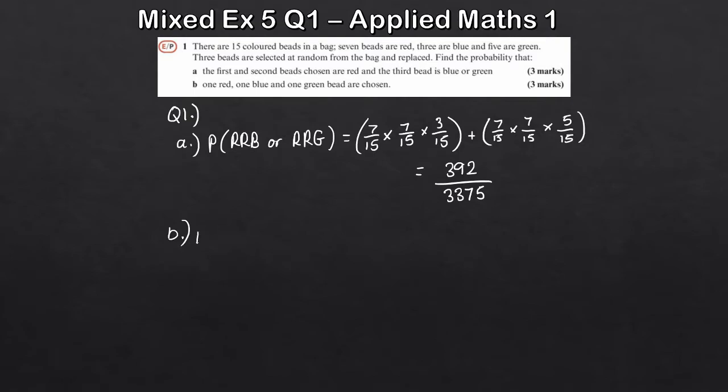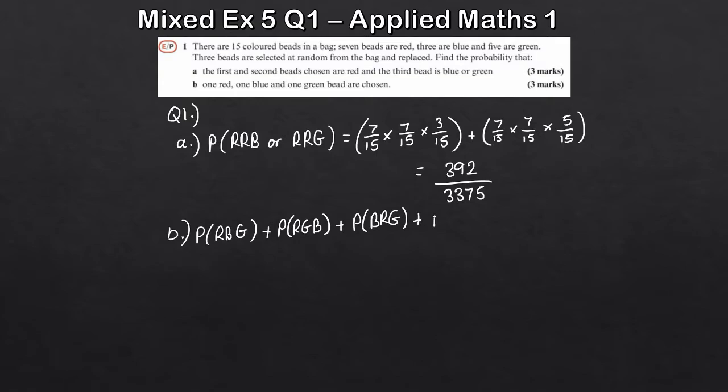So I could get the probability of, for example, red, blue, green. Okay, I could get that. But we could also get the probability of red, green, blue. Now let's consider the blue starting first. So we could have the probability that we get blue, red, green.